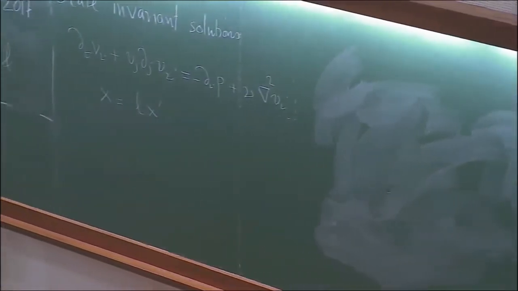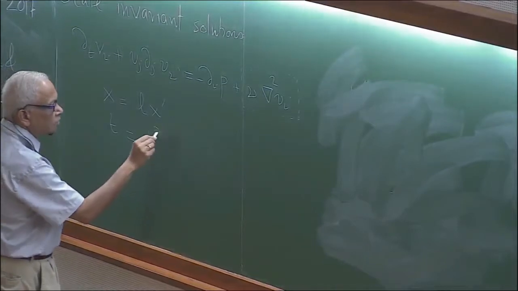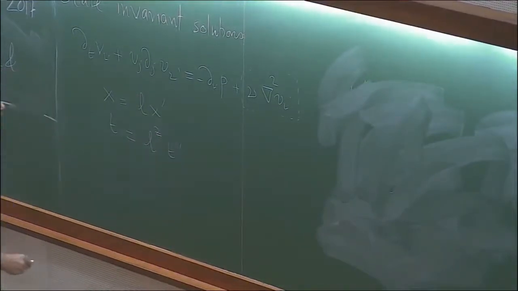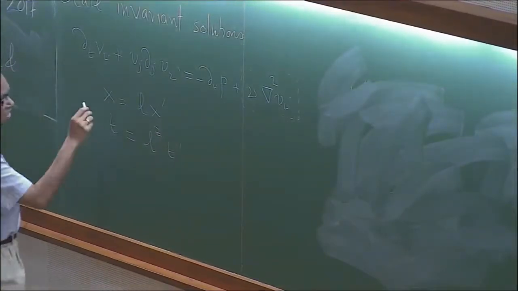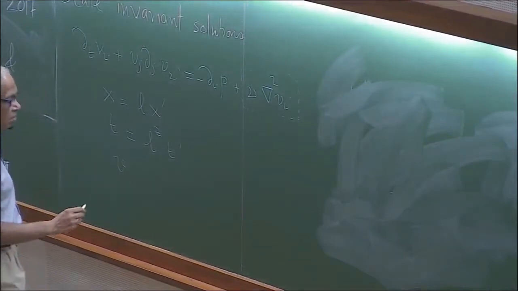So to begin with, I'll drop the viscous term: not Navier-Stokes, just the plain and simple Euler equation. So what was the statement? The statement is that I'll consider a scale transformation. x goes to L x prime, t goes to L to the power z t prime. Then v, now it's nonlinear, so I better worry about v.